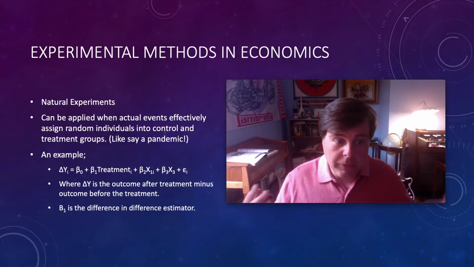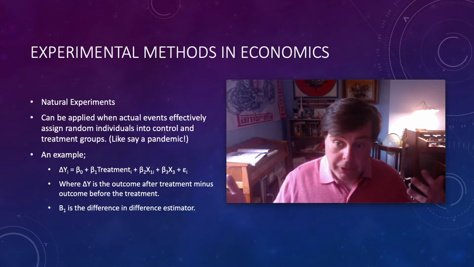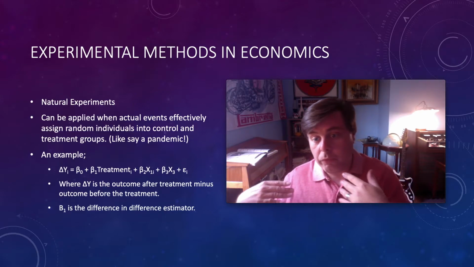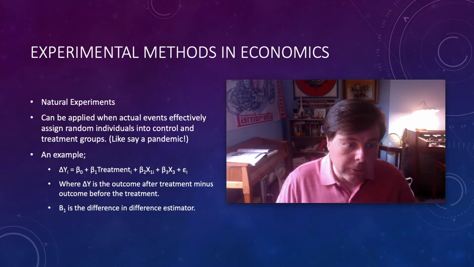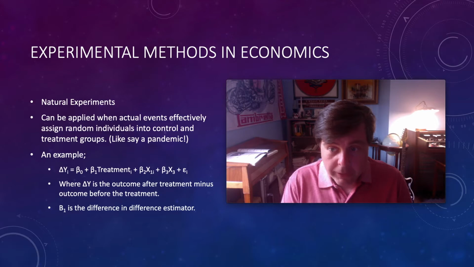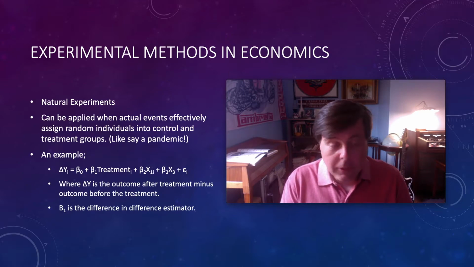And then from that we have a change in y, right? So change in y would be the change in economic occurrences for the treatment group versus the non-treatment group, okay? Now, in this case, beta 1 is referred to as a difference in difference estimator, or sometimes called a diff and diff. Tim, that's for you if you're watching. Okay. Why? Because we have a difference, change in y.